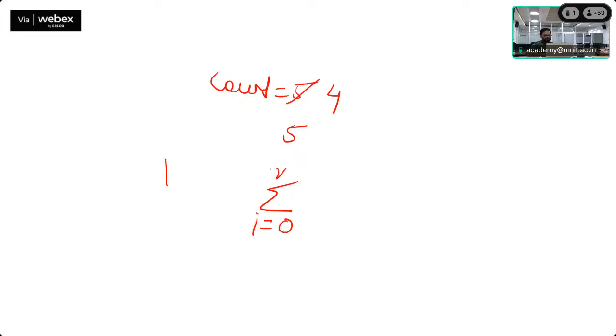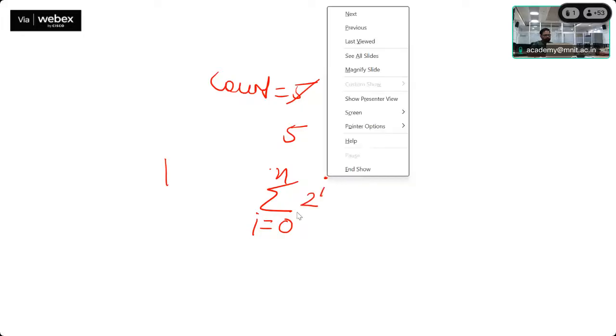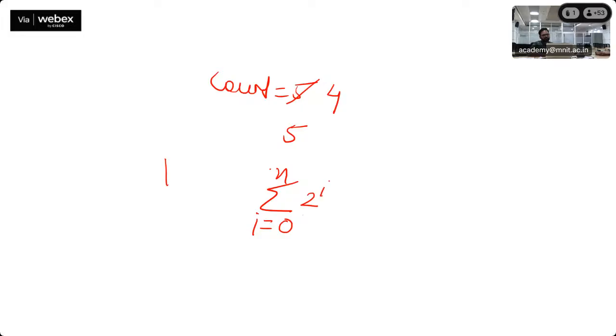Let's say this is a math function which represents a summation from i equal to 0 to n, and you want to find this out. Now if you expand this, it is nothing but 2 to the power 0 plus 2 to the power 1 plus 2 to the power 2 plus 2 to the power 3 and so on. Now if you see this, the plus operator is a binary operator, so it takes two elements and adds them together.